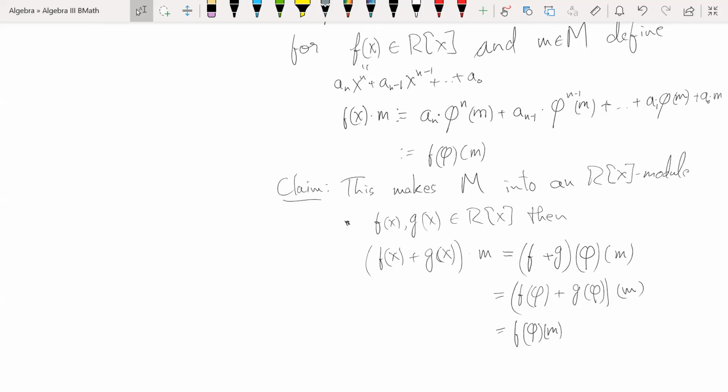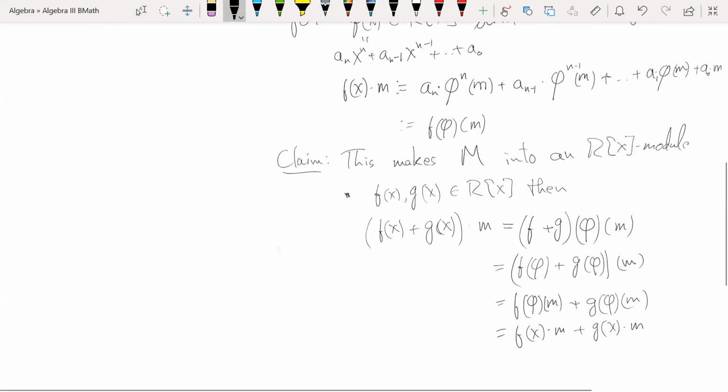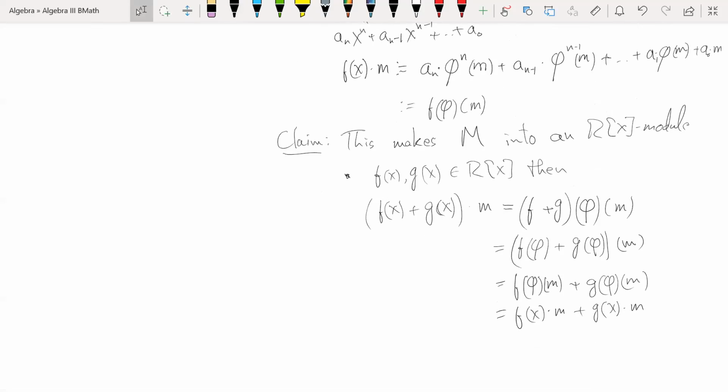That's what we saw in Hom. This was how we defined this sum. Which is the same as f(x) dot m plus g(x) dot m. So this is one of the axioms, and you can check the other axioms in the same way. You just have to plug in phi and see how it plays out.